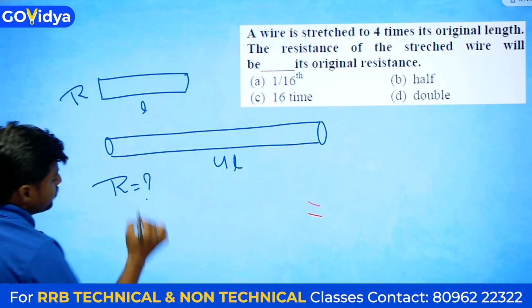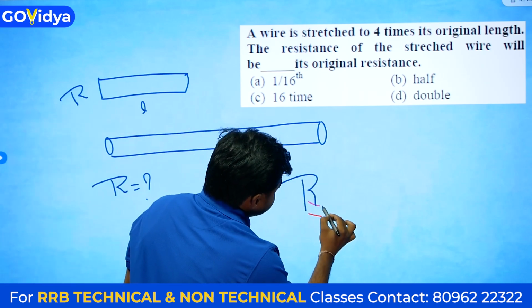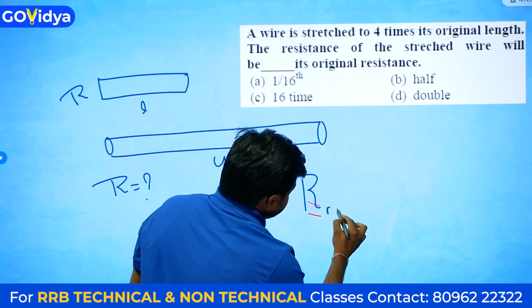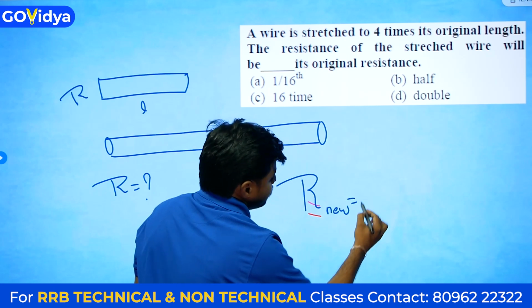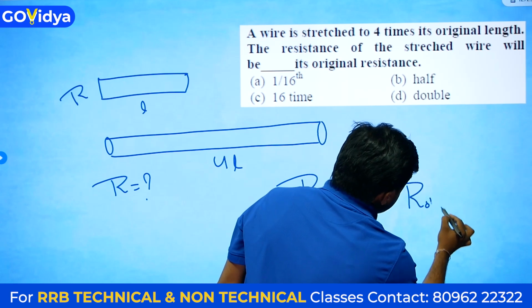I will give one formula. R new is equal to n square into R old.